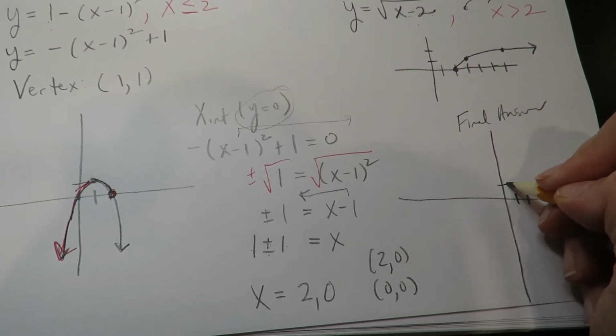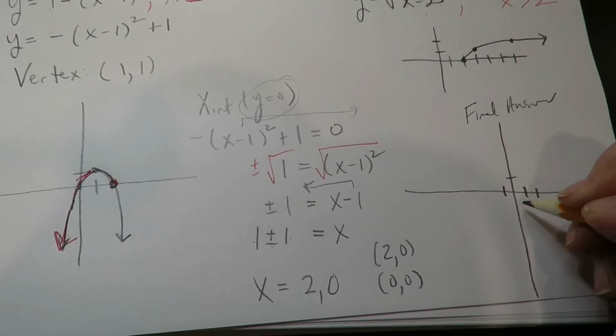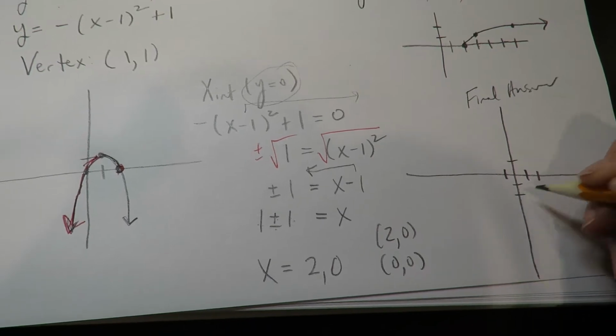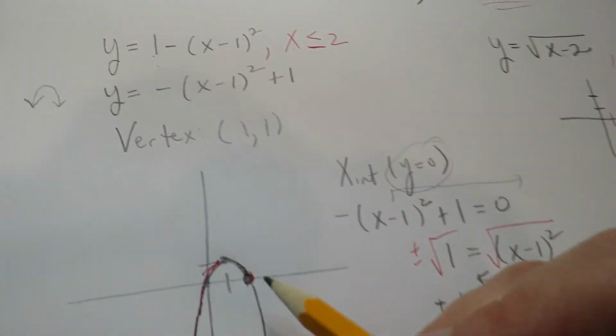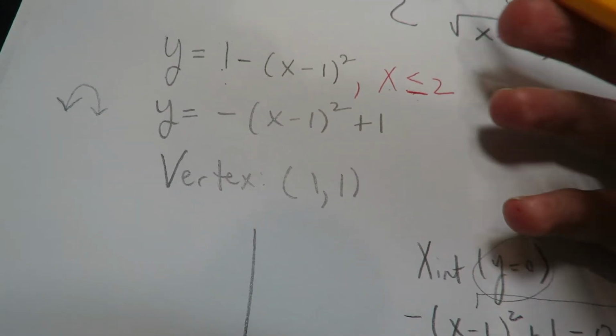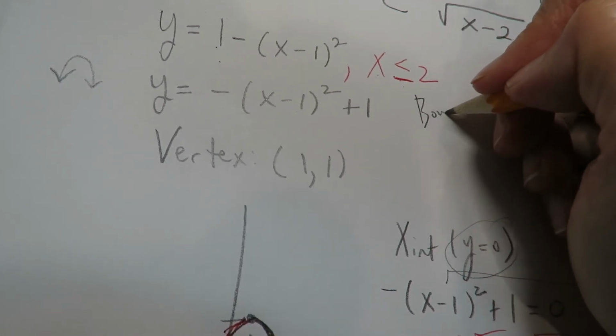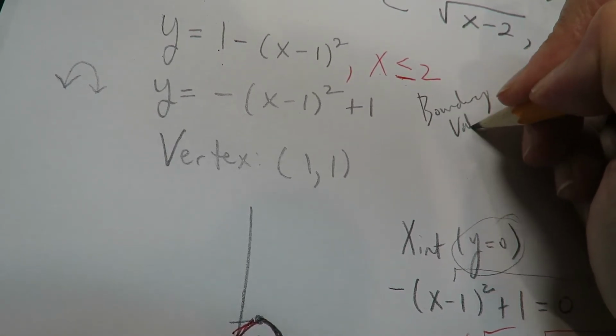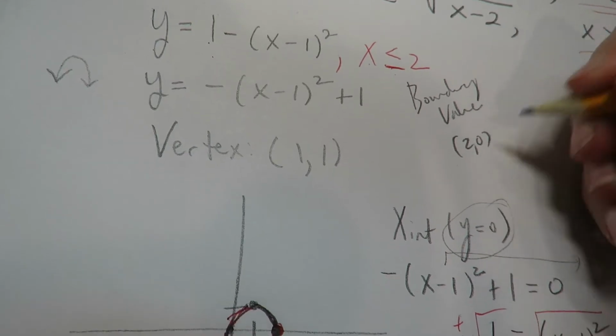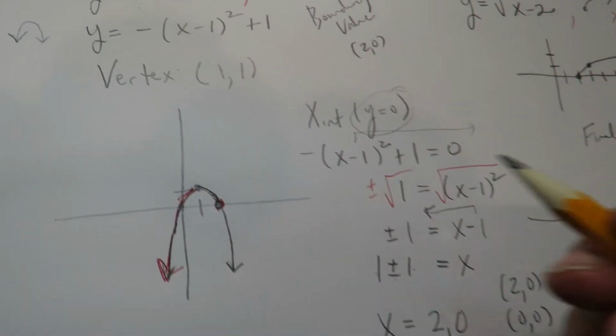You want to have all key values in your final graph, so that would be anything like a vertex, an intercept, a boundary value. A boundary value is where you cut it. So this at 2, this is a boundary value. Where we cut it. We cut it at (2, 0). That's the boundary value.